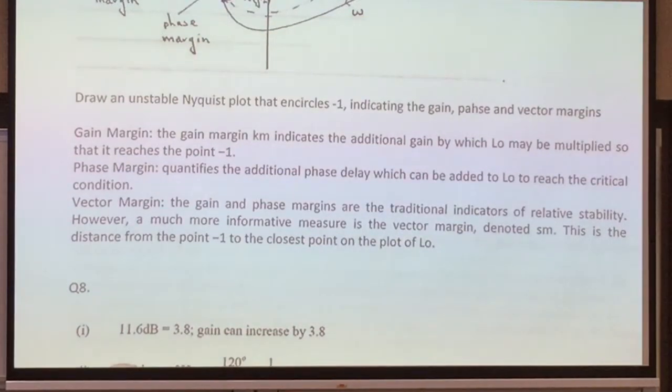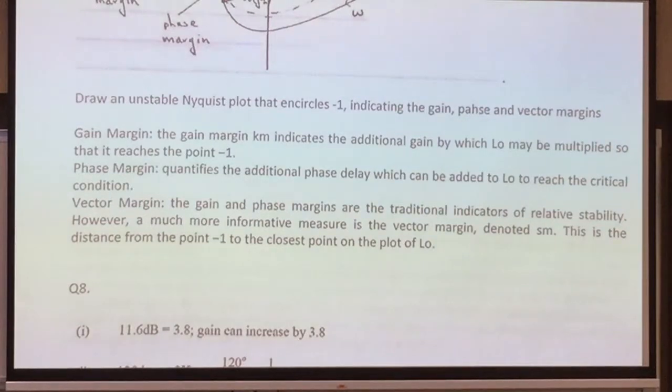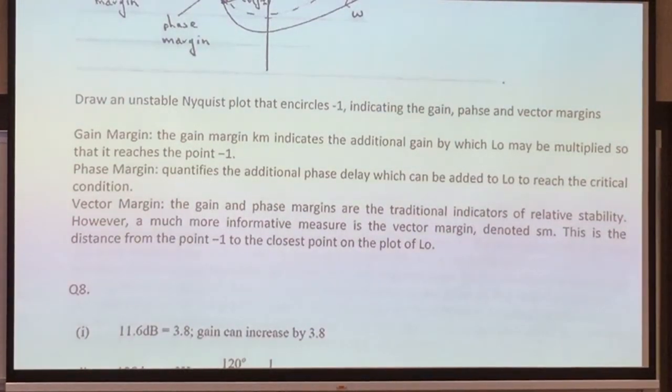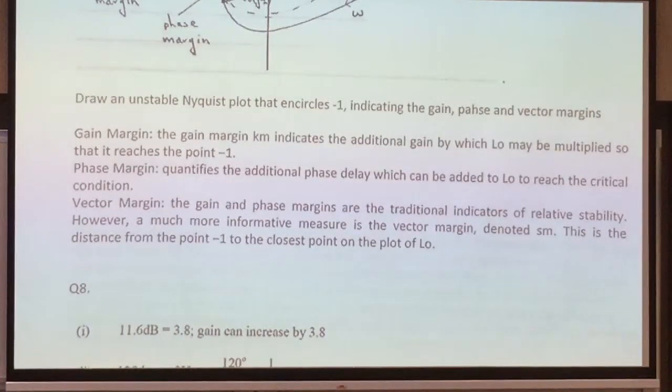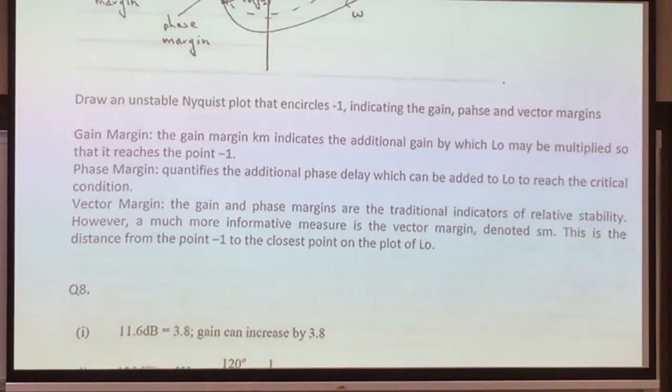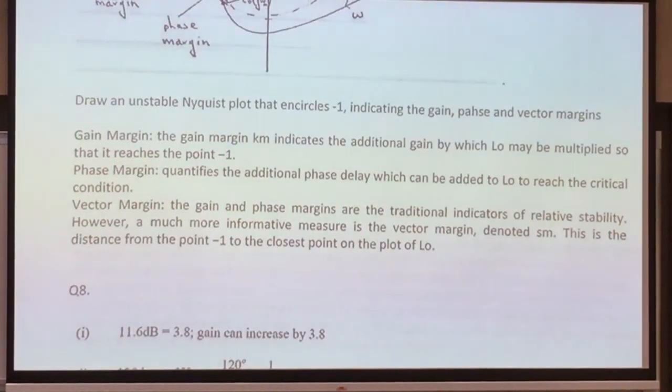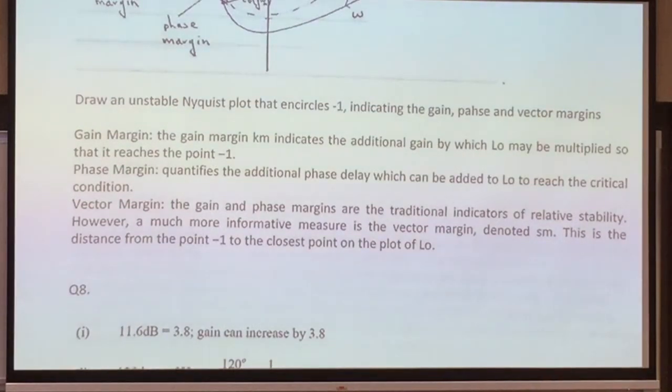So what does 11.6 dB mean? You have to convert this to a raw number. Use your calculator. dB is 20 log base 10 of x. So 20 log base 10 of x is 11.6. See for yourself that x is 3.8.